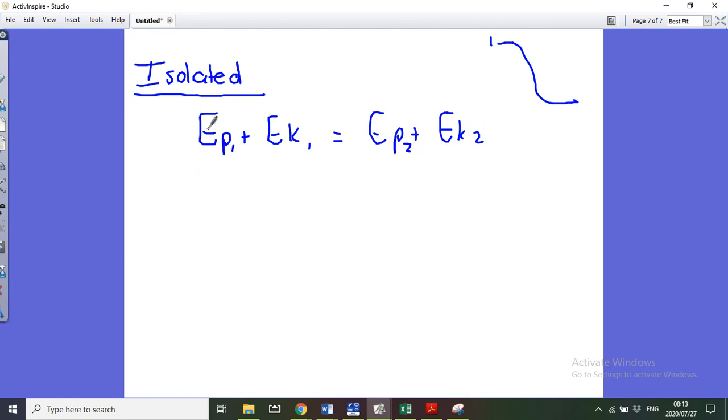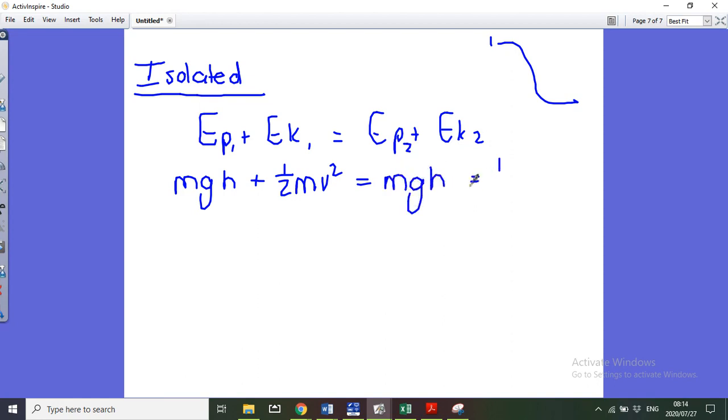Now you just fill in your values. You use mgh for potential energy, half mv squared for kinetic energy, and the same on the other side. Normally one value is given. Please remember that in a case like this, it's normally the same object.